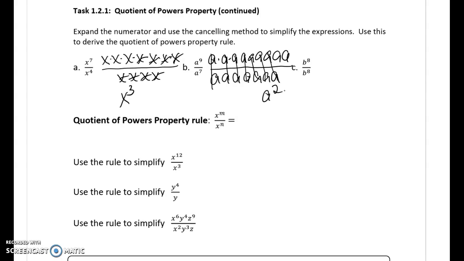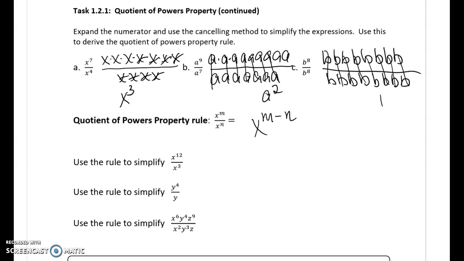Okay, let's go ahead and do part C on your own, and then maybe try to come up with a rule. How can we get the simplified exponential expression without having to expand the numerator and denominator every single time?